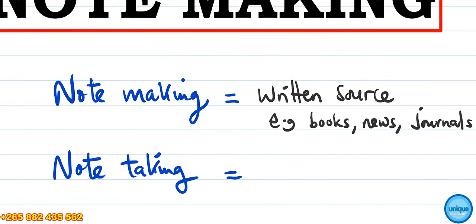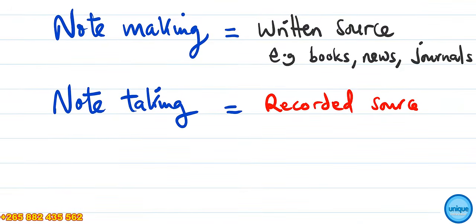While note taking, for notes are taken from recorded source. That's a recorded source, like audio. Let's say kuti mukumvera nyimbo and you are copying the lyrics from the song.